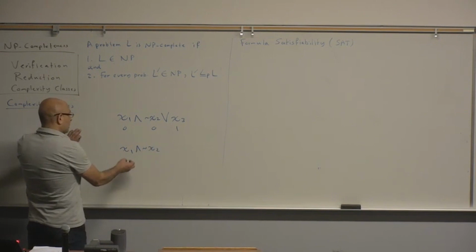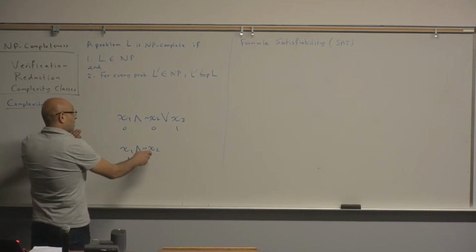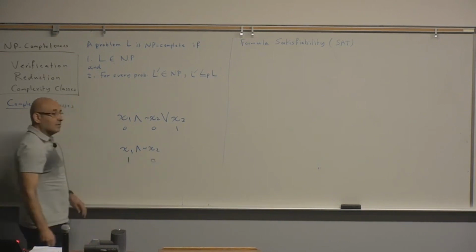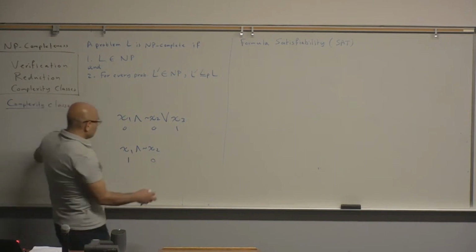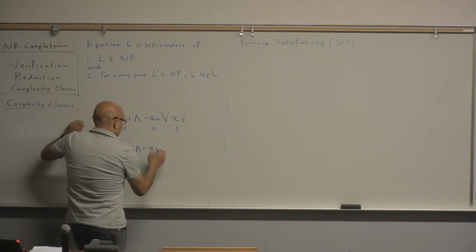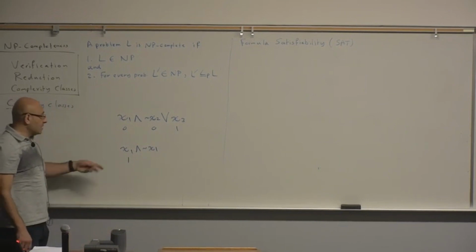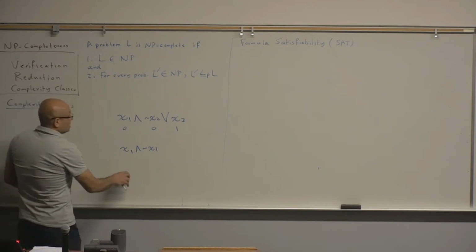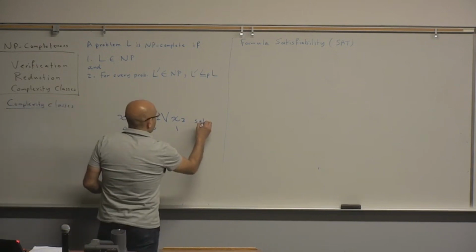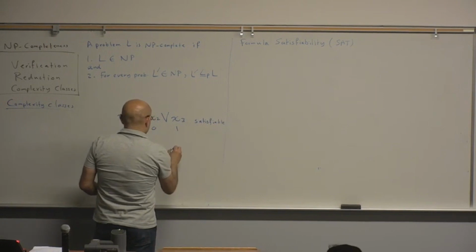Well, I can set x1 to 1 and x2 to 0. Yeah, x1 and negation of x1. This is a formula that is never satisfiable because it has a contradiction. Right? So this is satisfiable. This is unsatisfiable.